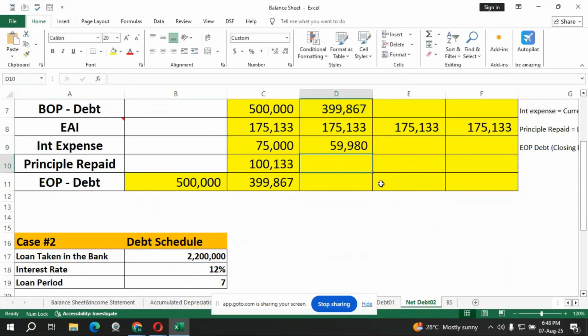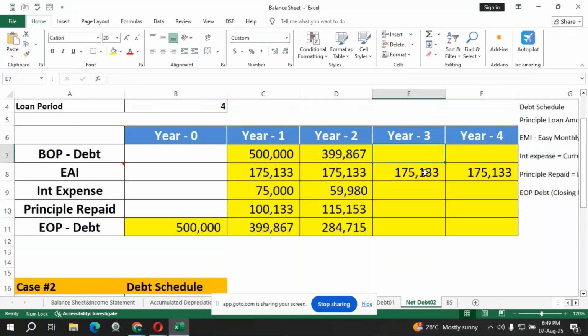So 59,980 is the interest. Principal repaid equals EMI minus your interest. 1,15,153 equals loan amount minus principal repaid. Again, take the reference.